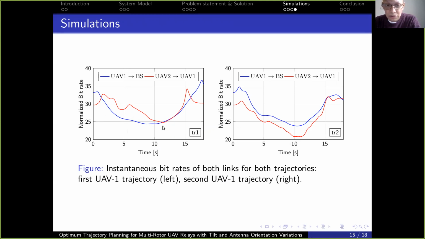In this case, the total amount of data is higher by 6%, and the minimum bit rate obtained is 17% higher than in this case. So by considering the antenna variations of the channel gain, which depend on the tilt, we can obtain a higher performance.